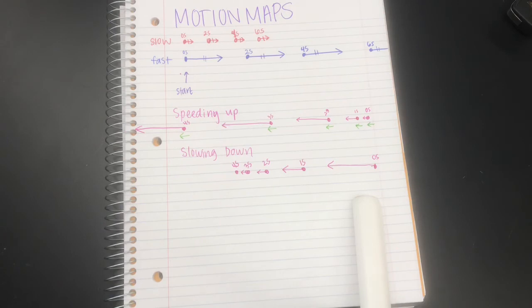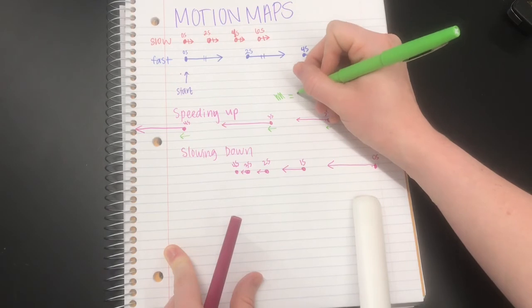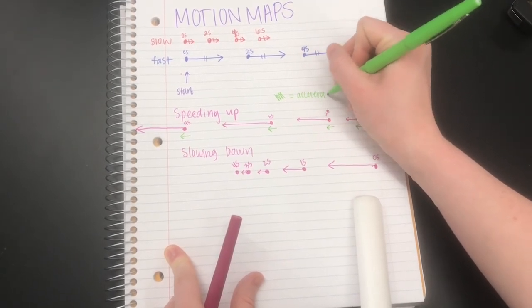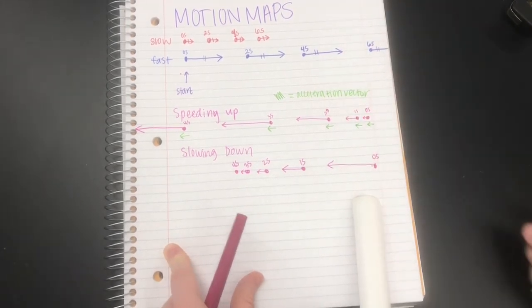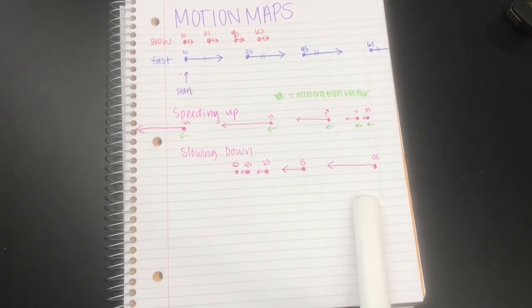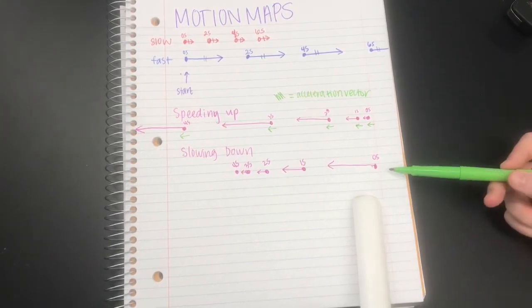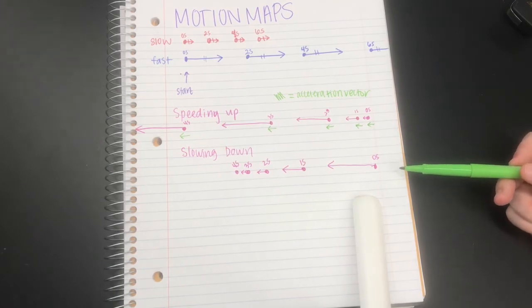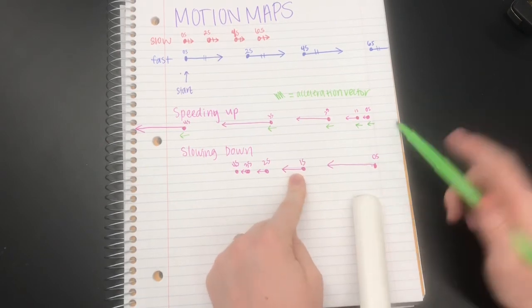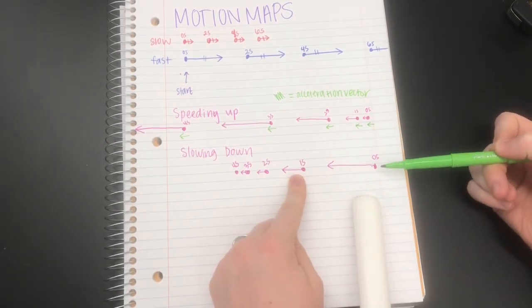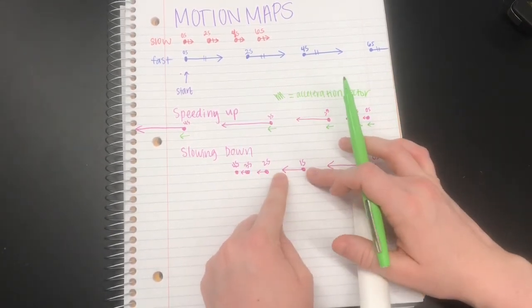Okay, now let's add our acceleration vectors. And so these, just as a reminder, the green is the acceleration vector. So it gives you the direction of acceleration and the magnitude. So if I look at this motion map, from 0 seconds velocity to 1 second velocity, just like I did up here, I'm going to think, would I want to stretch my vector to get this one?